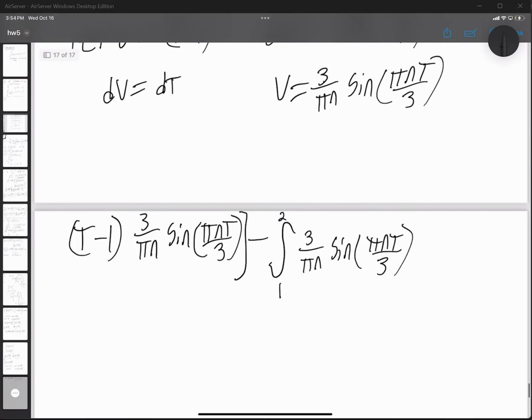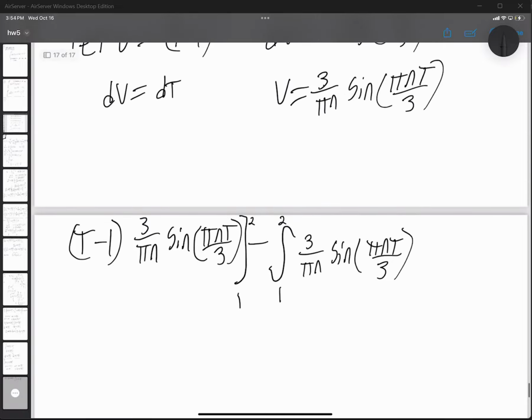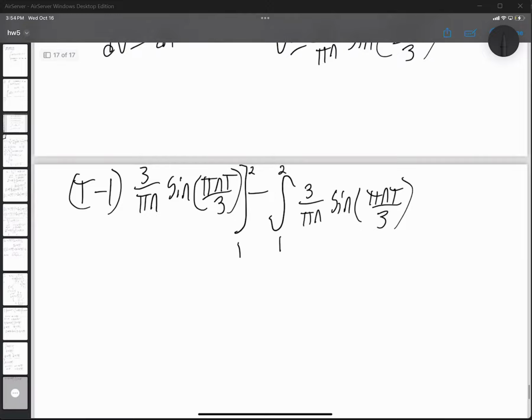We must evaluate this from 1 to 2. At 1, let's make note on the left, we get 0. So we don't have to worry about 1. But 2 we do. We'll get 1 from here. We'll just worry about the inside of the function. 2 pi n.